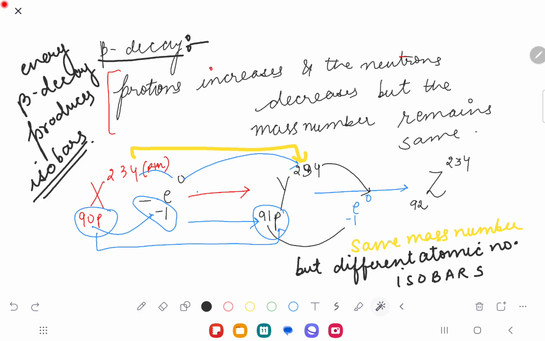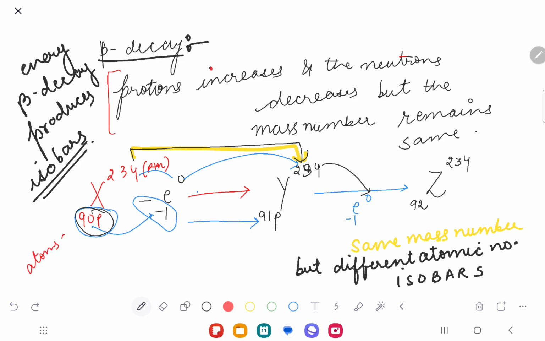And what are isobars? These are the atoms of two different elements. You understand? The atomic number is different. So definitely 90 atomic number is something, 91 atomic number is something else. But the 234 is the same, so when the mass is the same, we say it is an isobar. What is the definition of isobar?